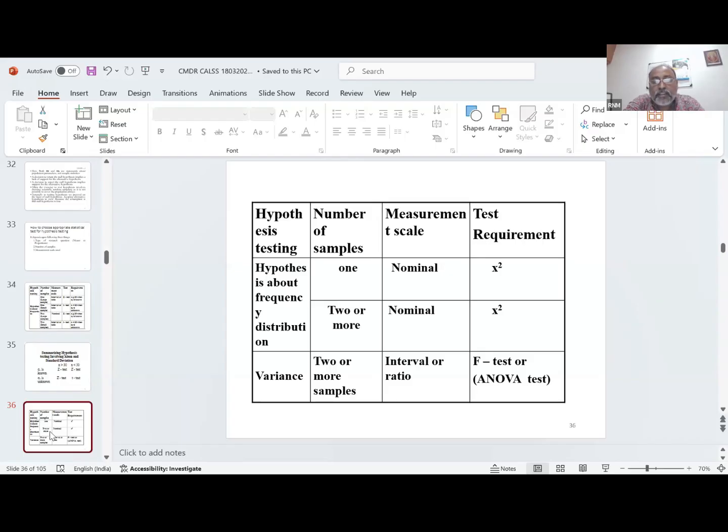Now, please remember what the chi-square test says. It says that there is some degree of association between the outcome and the explaining variable. You can do it in SPSS by cross tabulation, from where you draw the chi-square test.